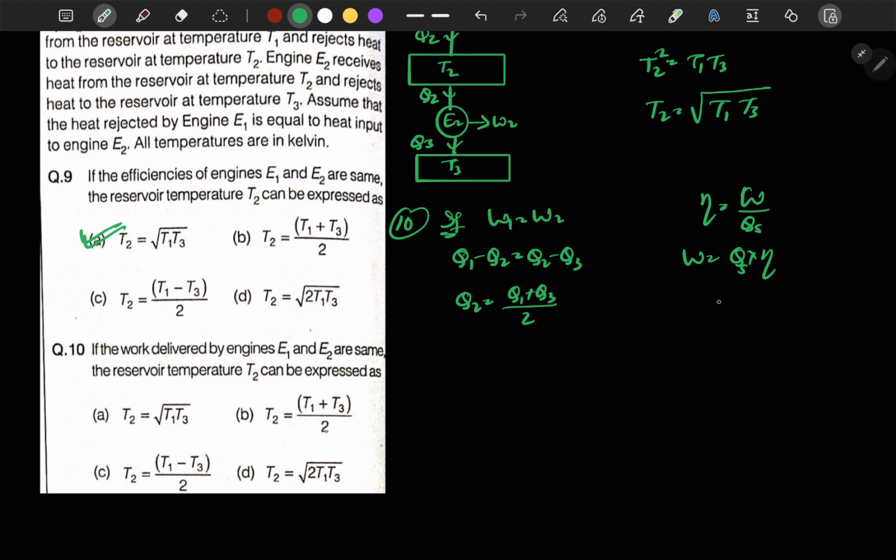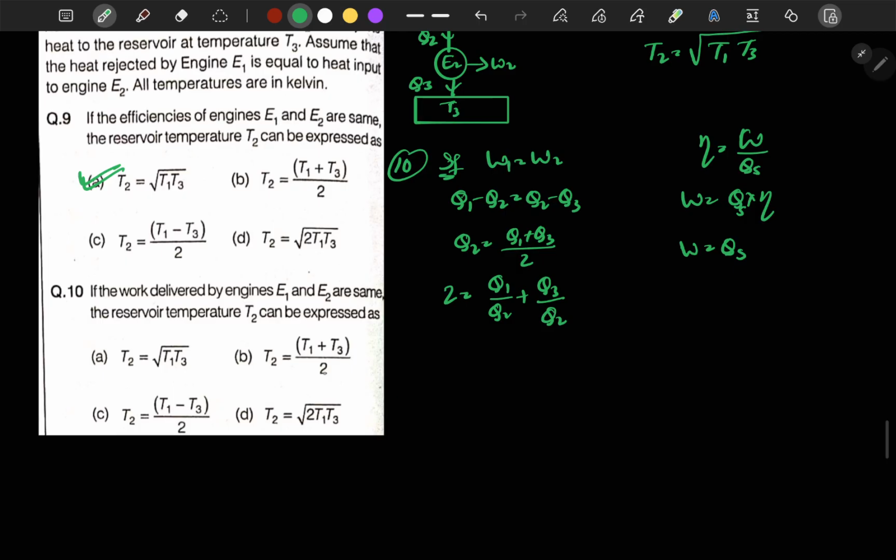So we can write W is equal to Q supplied into efficiency. Or, wait a minute, okay, let's divide the whole equation by Q2. So we will get 2 is equal to Q1 by Q2 plus Q3 by Q2.